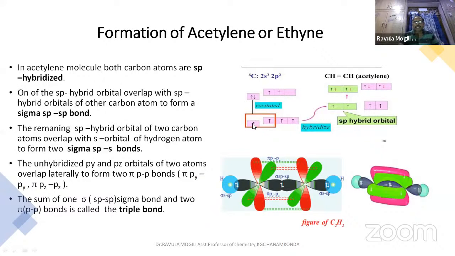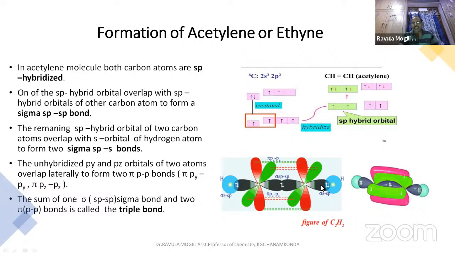So here, these are sp hybridized orbitals of carbon; this is one carbon, and this is another carbon. They overlap linearly to form a sigma sp-sp bond.